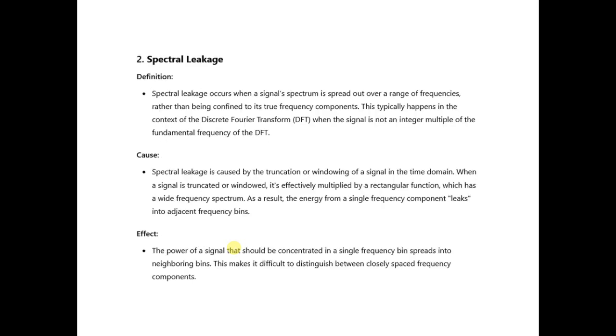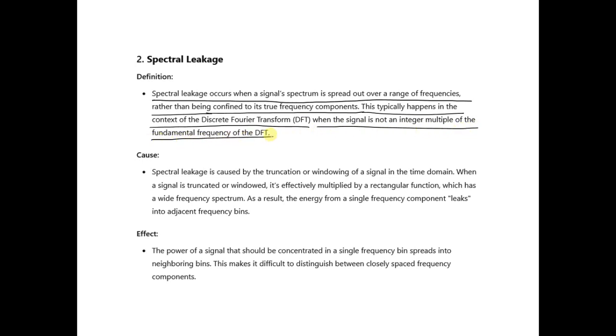Then there is another term which is regarded as the spectral leakage. So what is spectral leakage? Students do make mistakes over here. Spectral leakage is nothing but it occurs when a signal spectrum is spread out over a range of frequencies rather than being confined to its true frequency components. This typically happens in the context of the discrete Fourier transform when the signal is not an integer multiple of the fundamental frequency of the DFT.